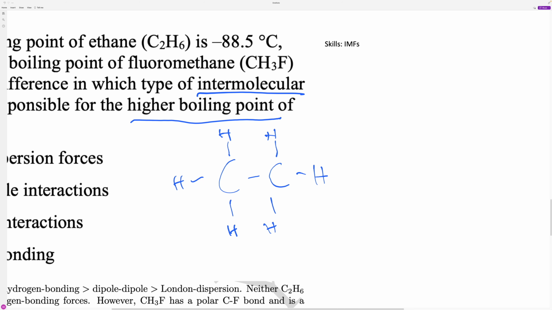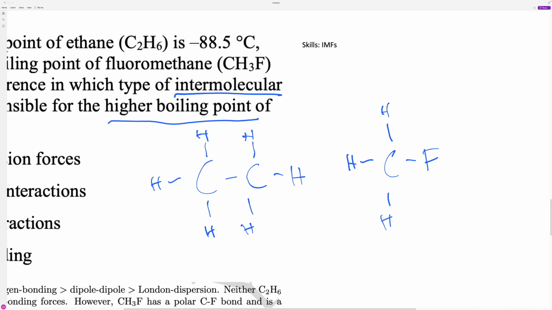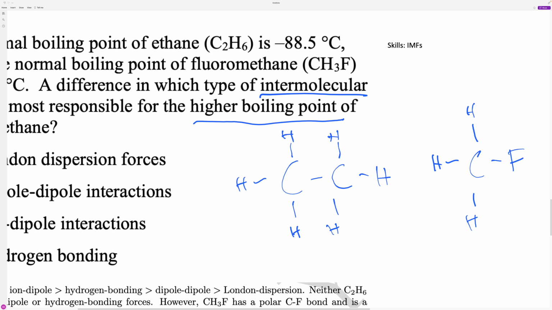And fluoromethane is essentially methane, except 1 hydrogen is replaced by fluorine. So looking at this, we see that ethane has no dipole moments, so no dipole forces, so only London dispersion forces.